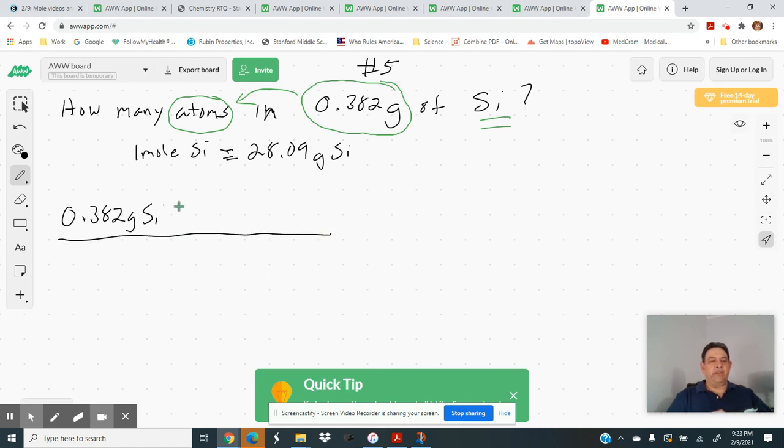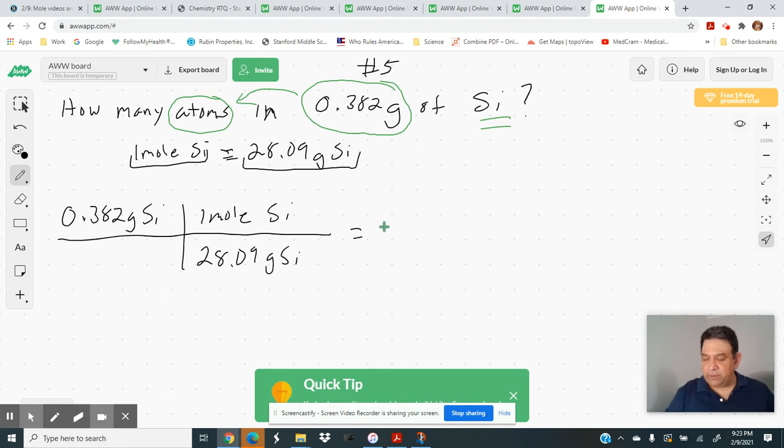Write the conversion factor. This equality comes from the periodic table. We want grams of silicon to cancel out, so 28.09 grams of silicon goes on the bottom, that's just the right side of this equality. The left side goes on top, 1 mole of silicon.